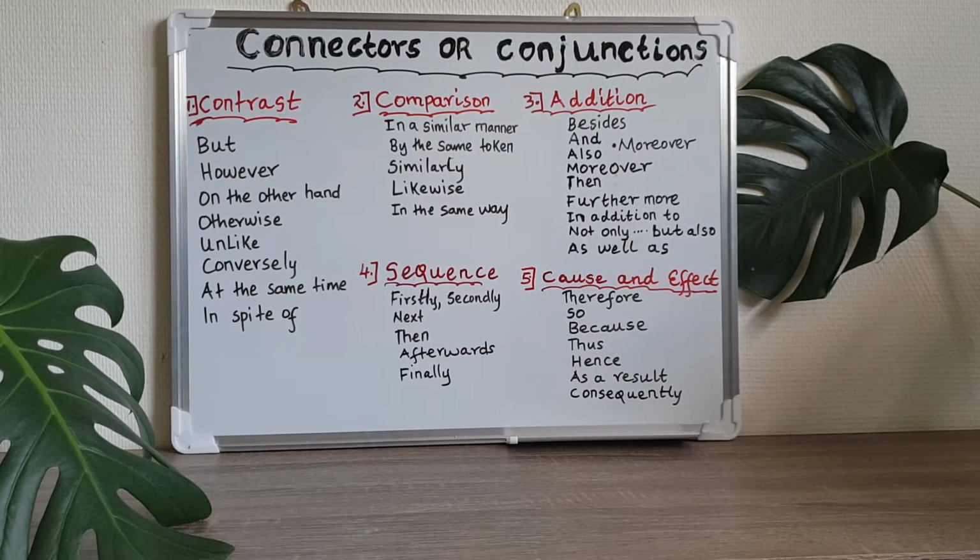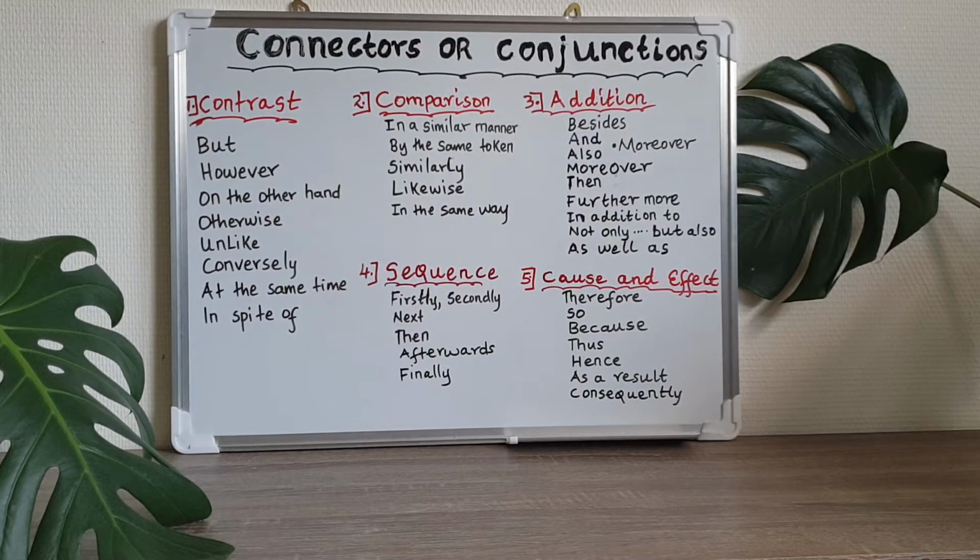But also, when you want to join one sentence to another sentence and then to another sentence so that you have three sentences joined together, you will need to use connectors. And that we call a complex sentence.